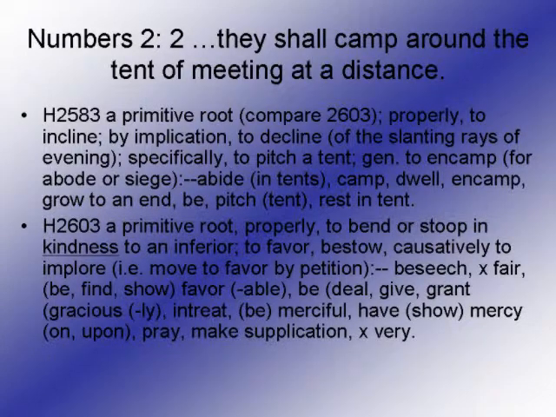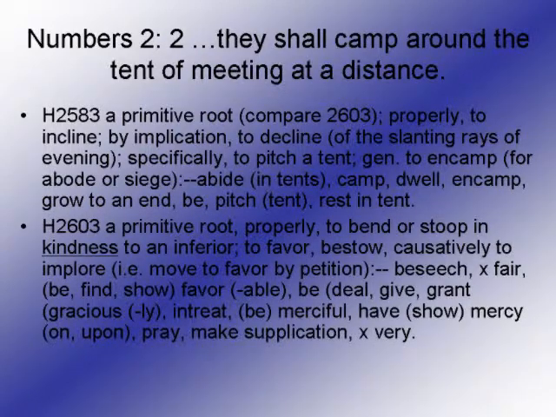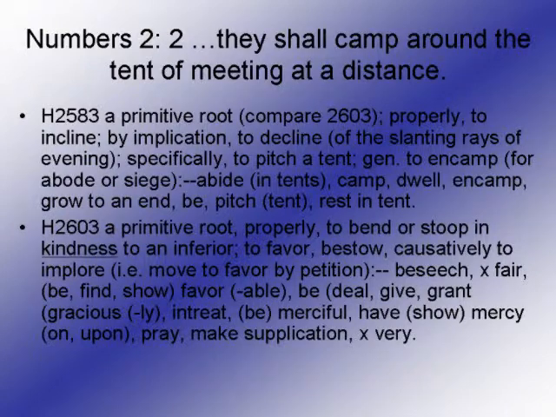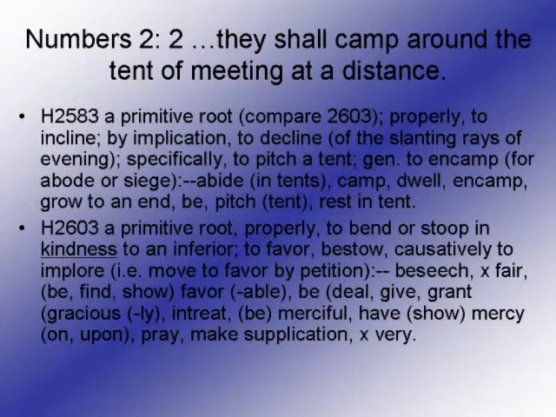And that's where we are. We are encamped at the tent of meeting, and we can come to him and ask him for his mercy. We can pray and make supplication for ourselves and for others.